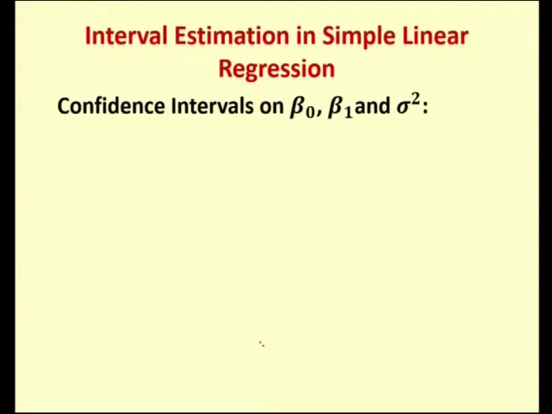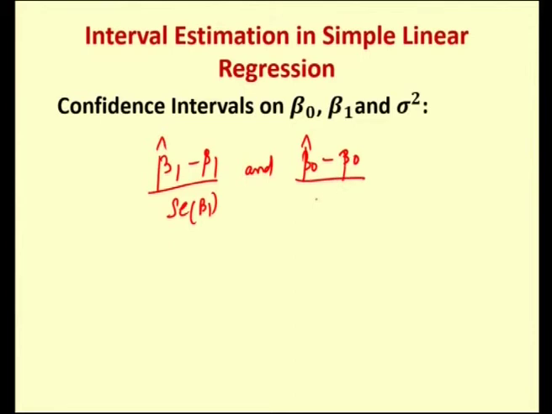The sampling distributions of both beta 1 cap minus beta 1 by the standard error of beta 1, and beta naught cap minus beta naught by the standard error of beta naught, are t distributions with n minus 2 degrees of freedom.